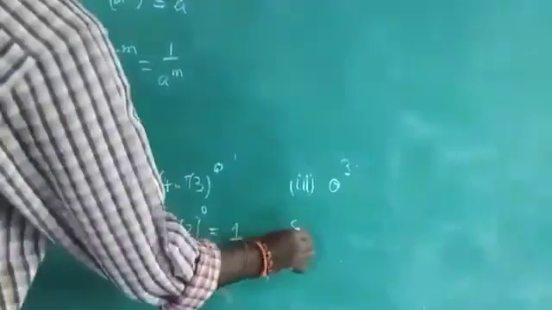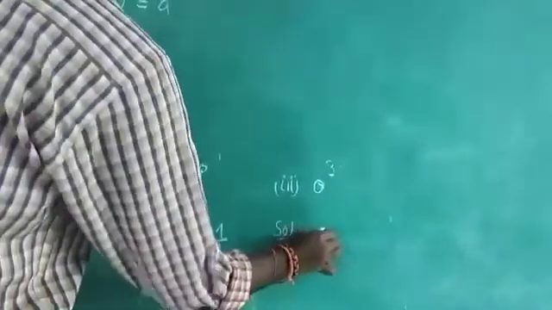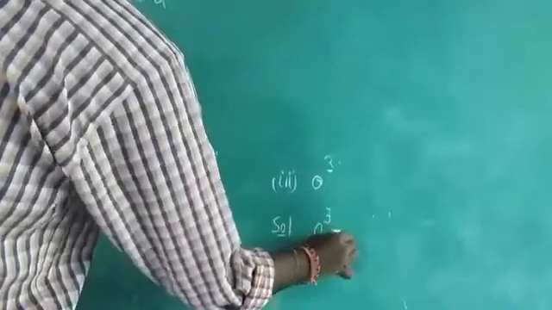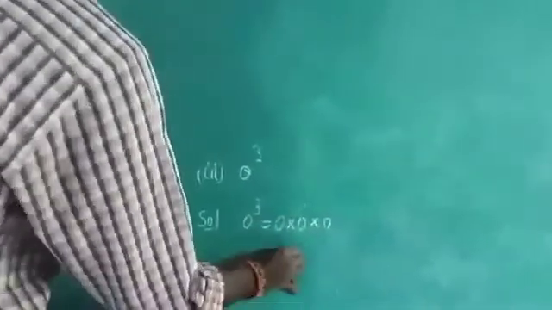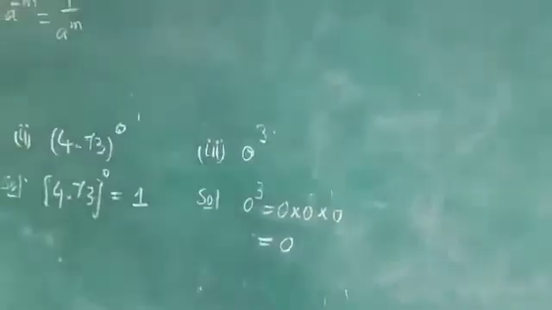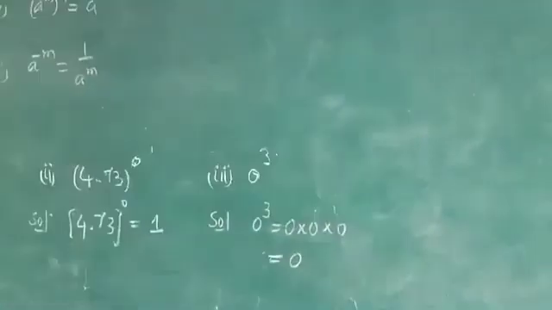Then 0 to the power of 3? 0 only, 0 into 0 into 0. The answer is 0. You all know that one, right?